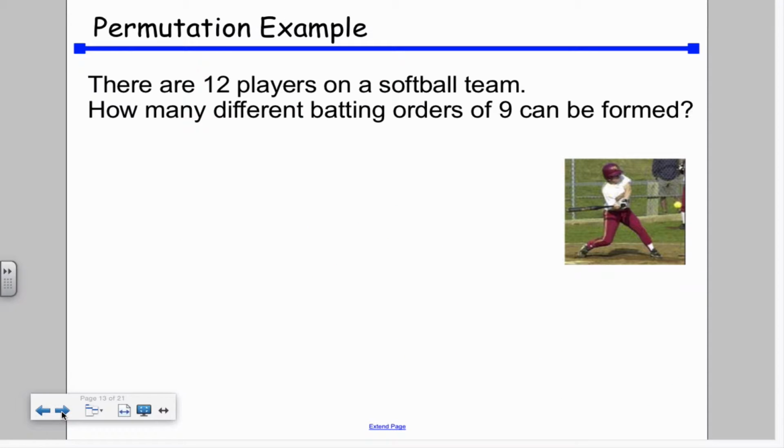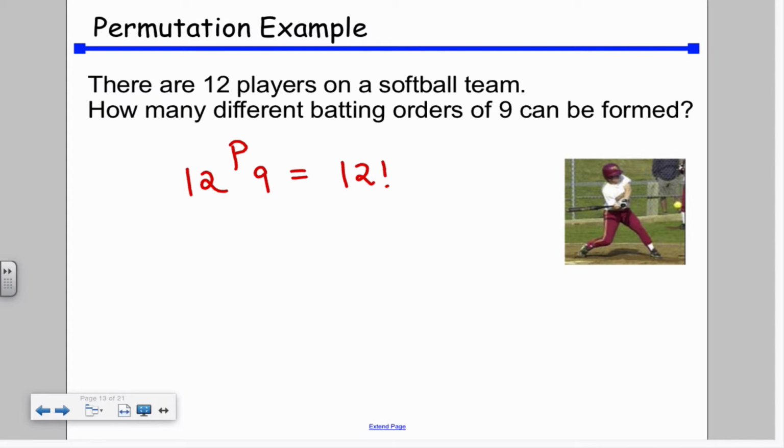Okay. So where is this useful? Let's say that we have 12 players on a softball team. How many different batting orders of 9 can be formed? Well, we already said that the order of baseball players matters in a lineup. So what we're going to do is start with 12, and choose 9 of them to permute.